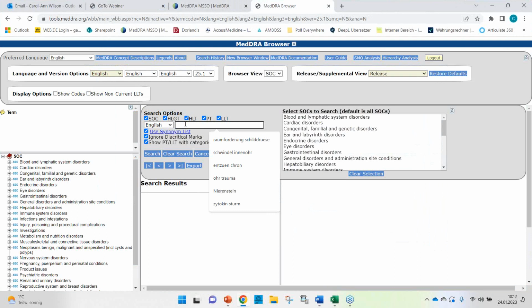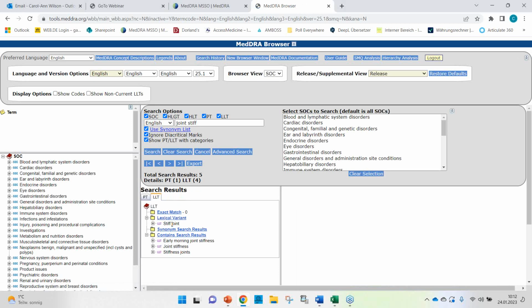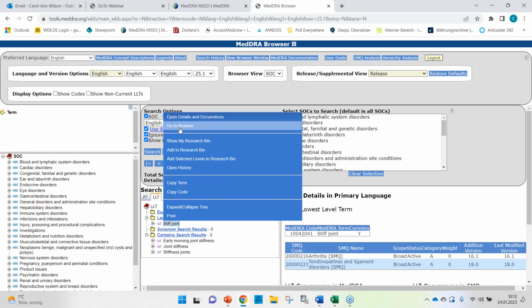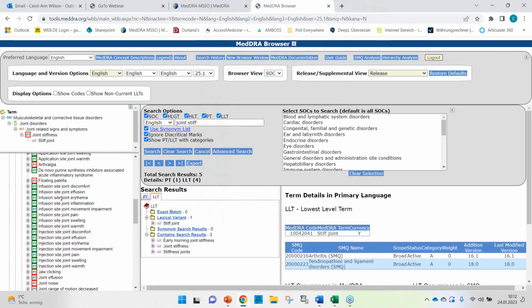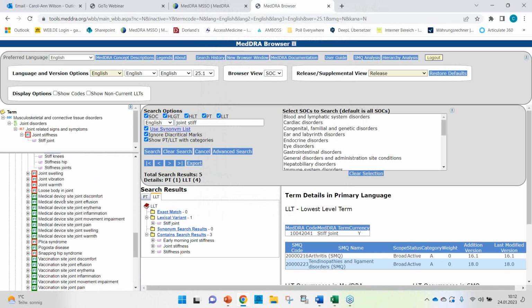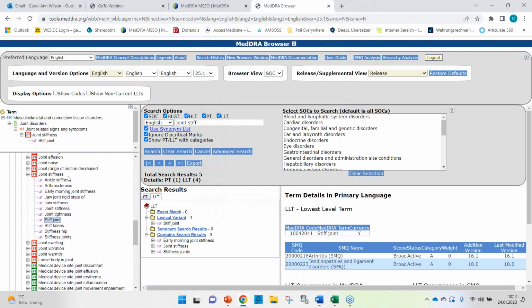So let us look for our proposed terms. Joint stiffness. Let me look for joint stiff to use some. Here I have a match, stiff joint, right mouse click, go to browser, and let's check this PT in the hierarchy. Here we have the joint stiffness, and you see there are some specific terms for ankle stiffness, stiff knees, stiffness hip, and joint tightness also as a synonym for stiffness.